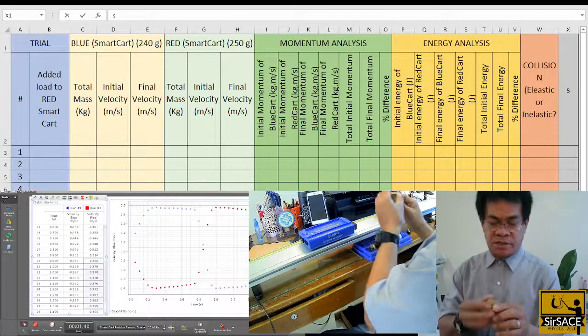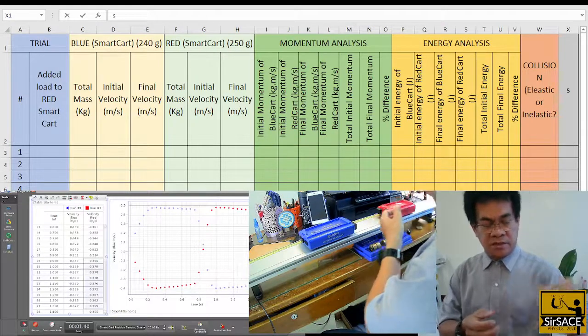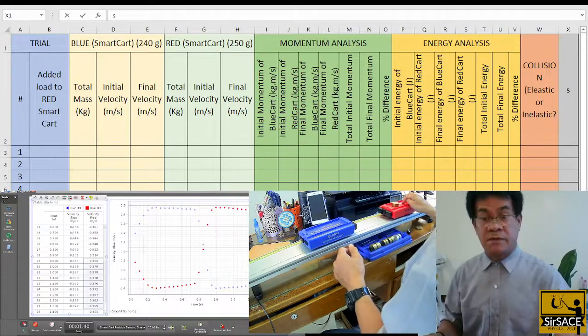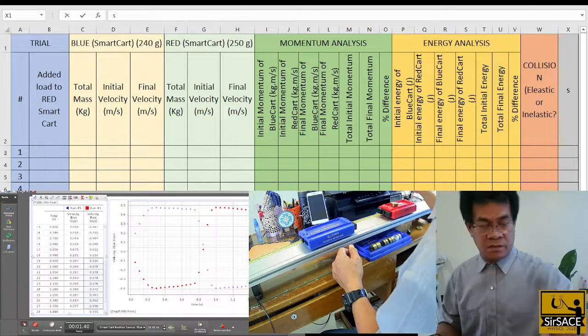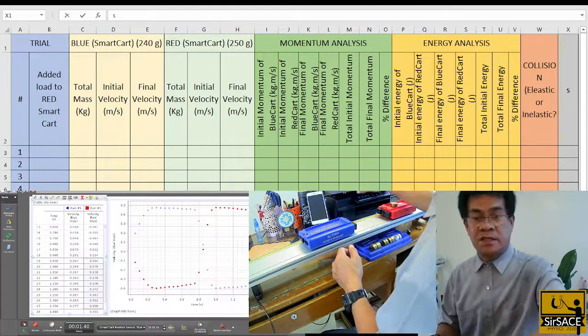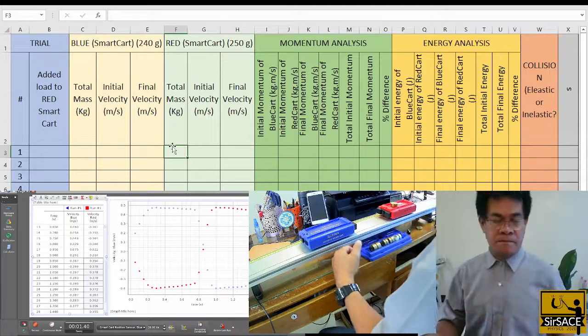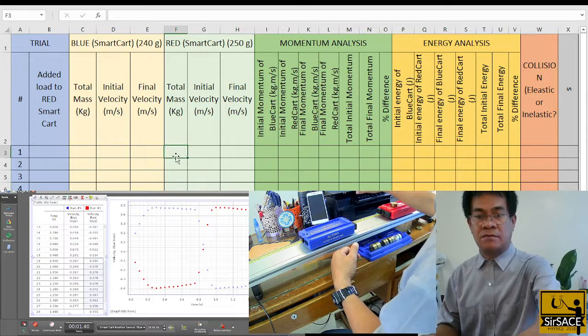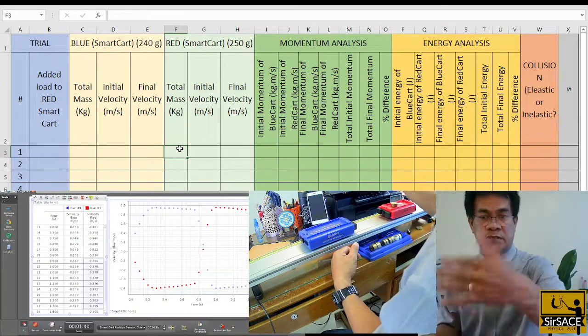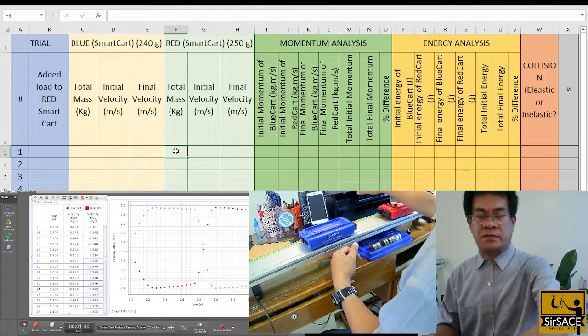Suppose I have 100 grams added, this will be recorded as 100, then the final mass of red becomes, because the red is 250 grams, added by 100, you have to put here 350 grams or 0.35 kilogram. Remember that we'll be using SI, so convert that here automatically.